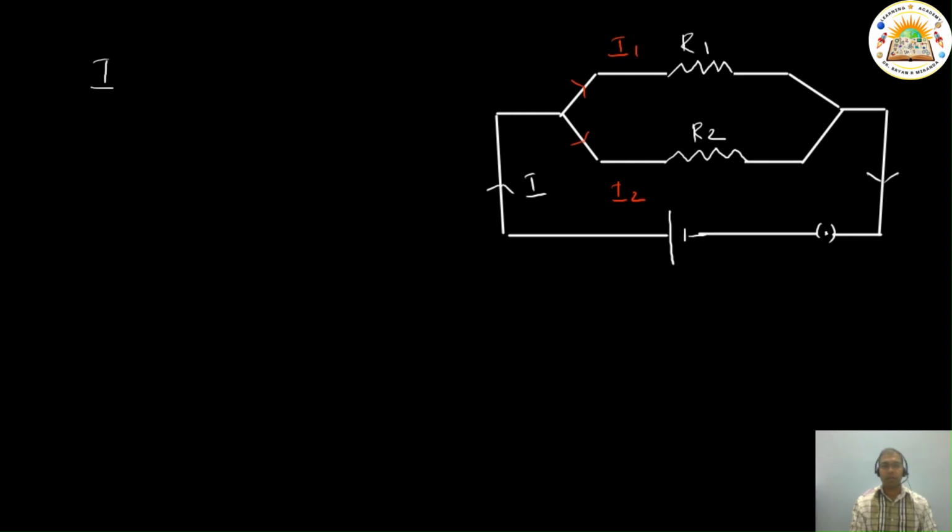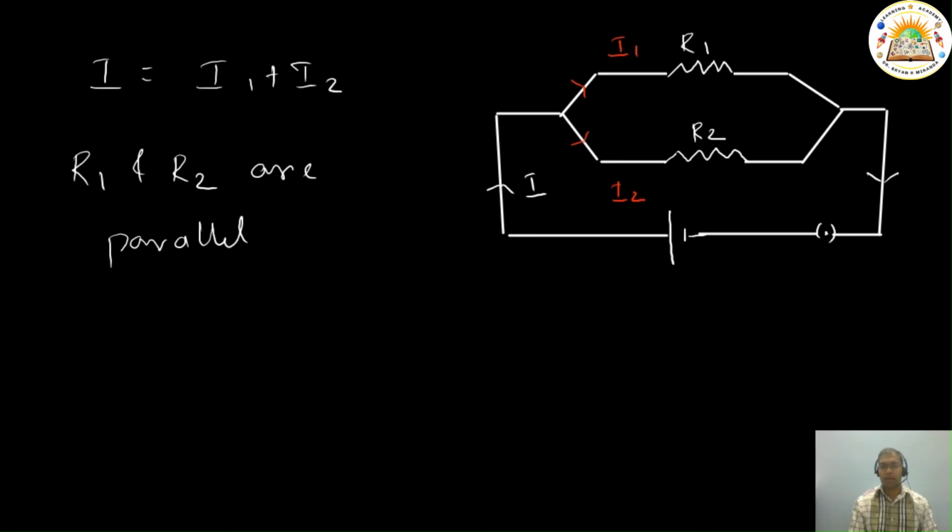Now we know that I is nothing but I1 plus I2 since it is splitting here, and since R1 and R2 are parallel, I can take that the potential difference is the same.